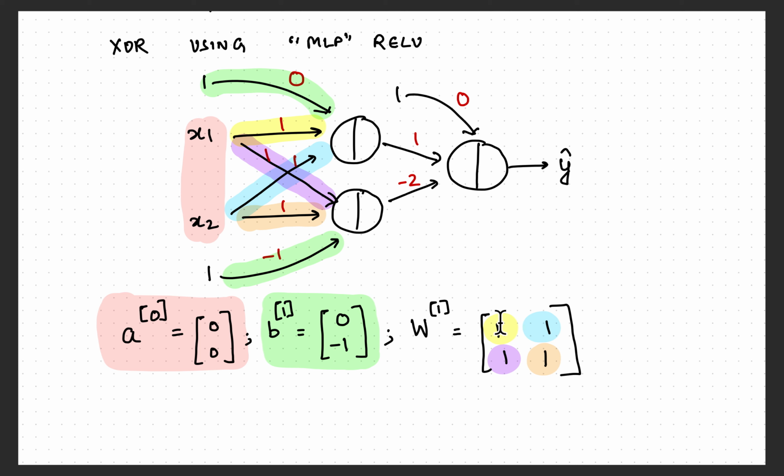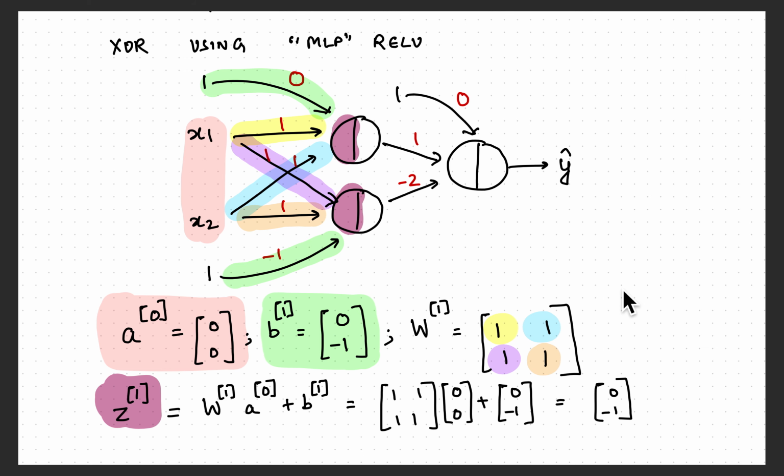We stack these numbers across the different columns. So we can write capital W square bracket 1, the weight matrix corresponding to layer number 1, as [[1, 1], [1, 1]]. The second row corresponds to the weights coming into the second node of layer 1. So we have now written a, b, and capital W, which is sufficient for us to compute the vector Z and then the vector A square bracket 1, both of which we can then take forward into the next layer.